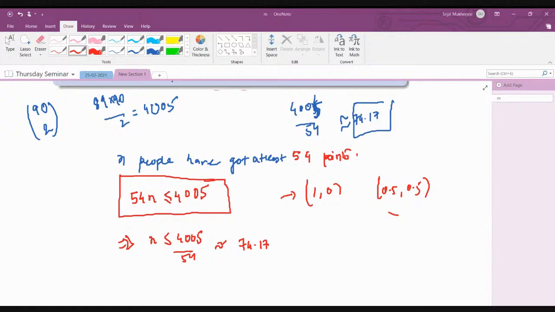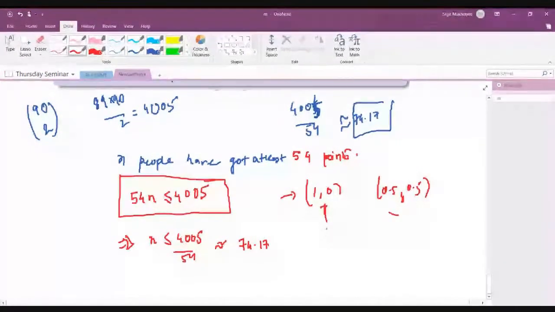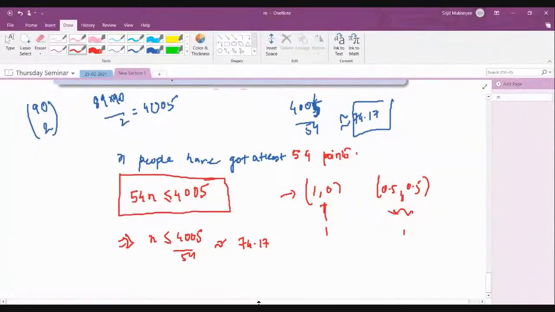Yes, that's the idea. For a tie, the one point is divided into two equal halves, 0.5 and 0.5. The sum is the same, see? The sum is 1 here, and the sum is 1 here. Did you get this idea?